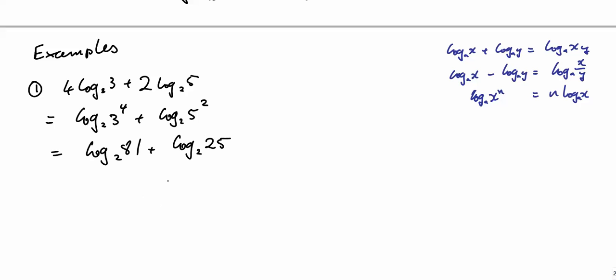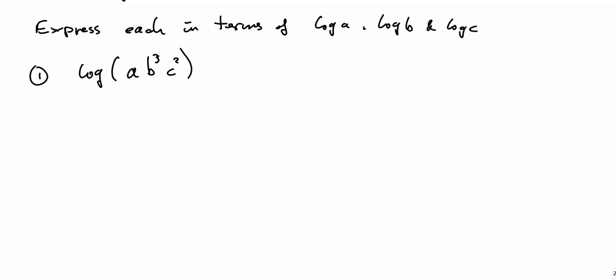And now we can use the first rule, the addition. Log of 81 plus the log of 25 is the log of 81 times 25, which is the log of 2025.